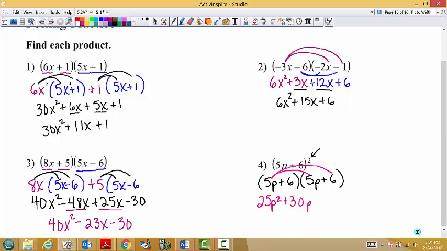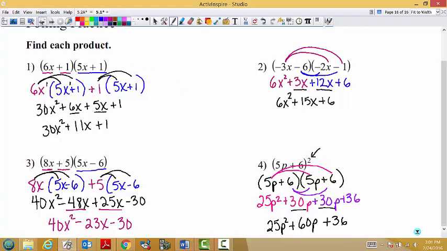And then you distribute the bottom. 6 times 5p is 30p. 6 times 6 is 36. And then you combine your like terms. The 30 and the 30 is 60. I bring down the 36, I bring down the 25p squared, and then I'm done with it.